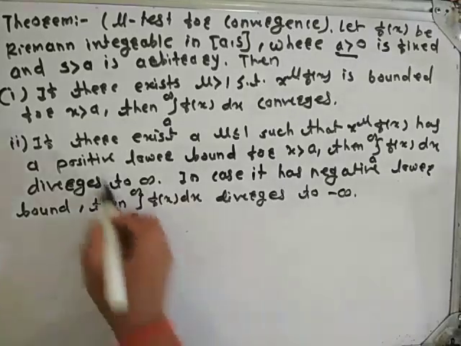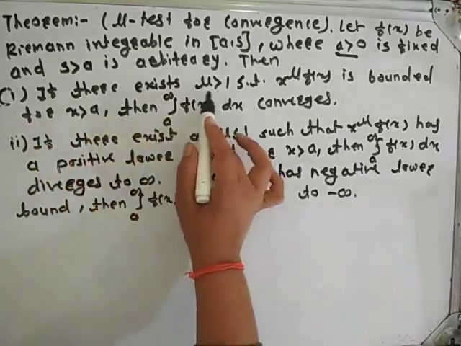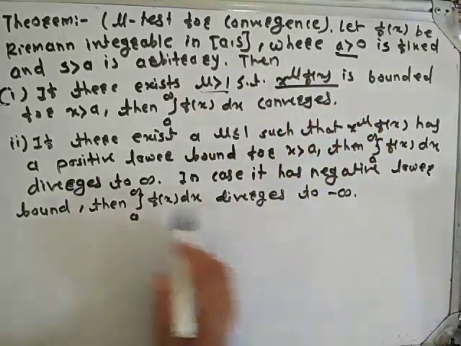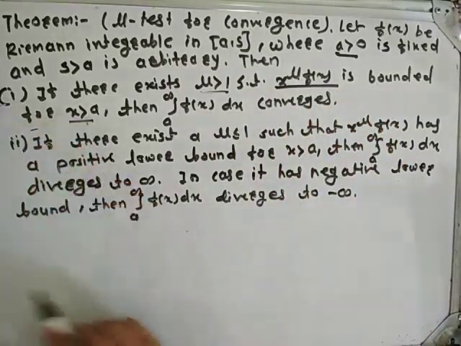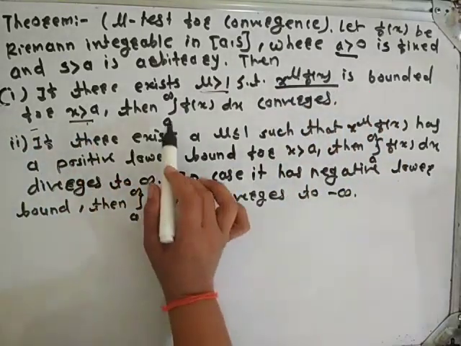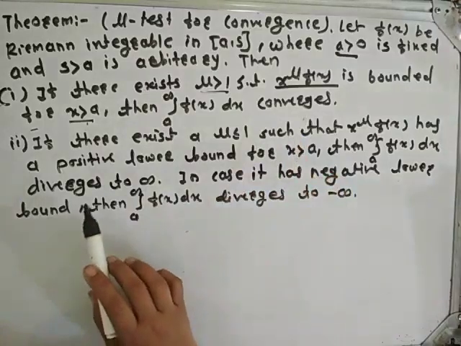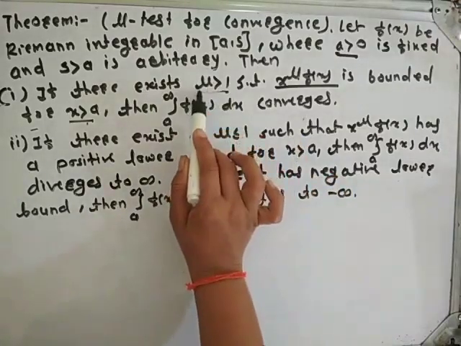First condition: if there exists a mu greater than 0 such that x raised to mu into f of x is bounded for x greater than a, then integration from a to infinity f of x dx is convergent, if mu is greater than 1.